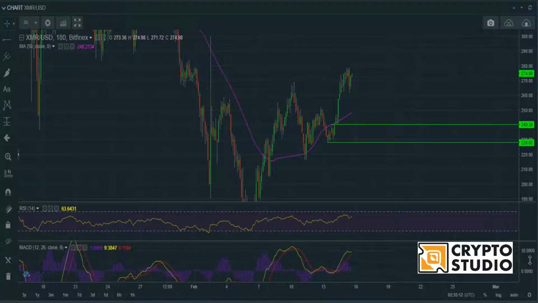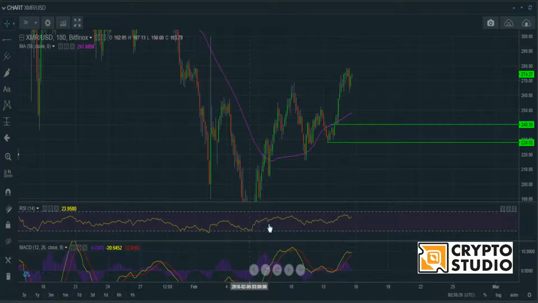So on the 3-hour trend, we have MACD. It's very bullish, trading above the zero line, and the fast line is still above the slow line. Everything's pointing up. Same with the RSI. RSI is pretty far from the overbought area and doing higher highs, higher lows.